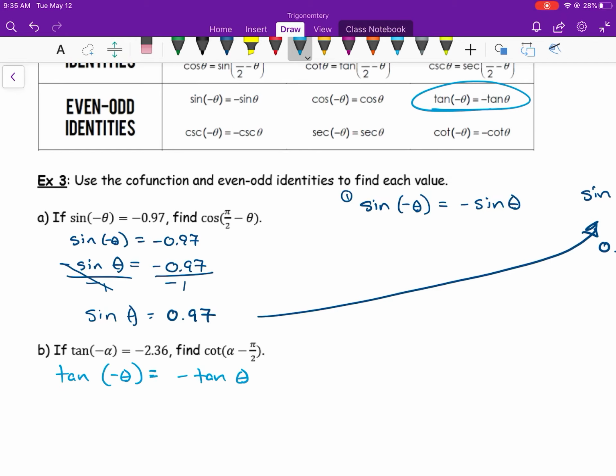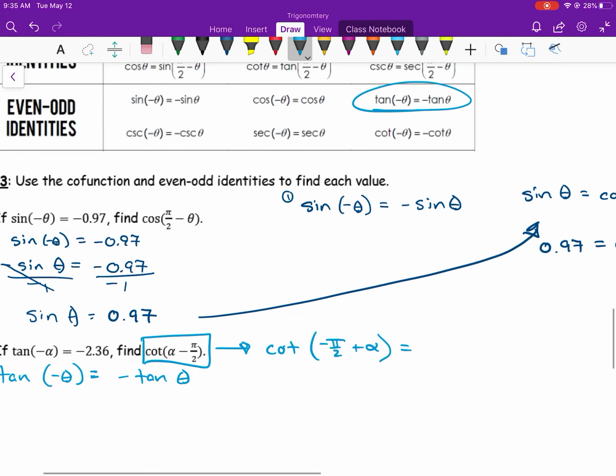So I got that part. Now I'm going to look at this. First thing I notice is the pi over 2 isn't written first, so I've got to rewrite this. Cotangent of negative pi over 2 plus alpha is equal to, we've got to have a positive pi over 2, so it's cotangent of, double parenthesis, negative pi over 2 minus alpha, because I factor out that negative, so it changes the signs.